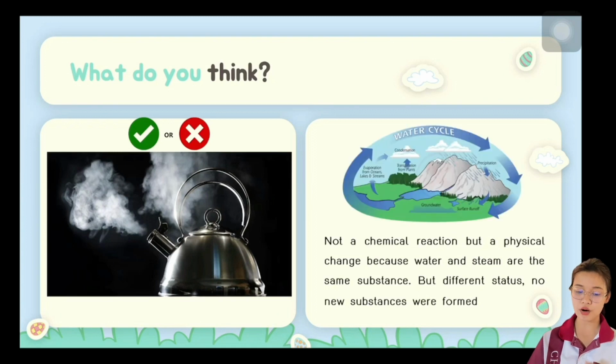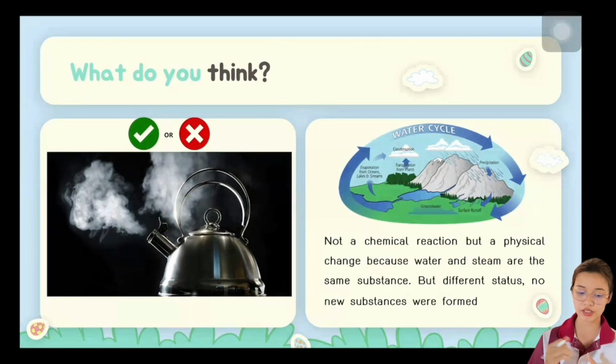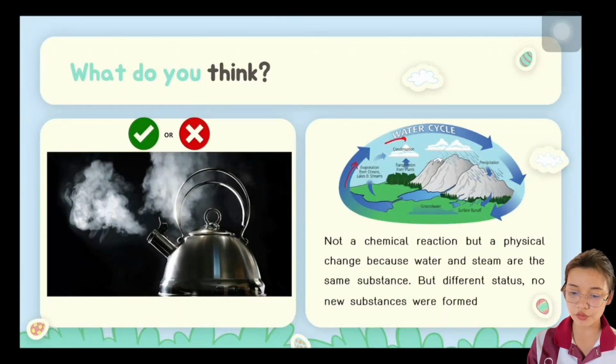I will explain more about the transition states of matter. Let's take a look at this water cycle diagram. The circulation of water is a natural phenomenon. It starts from water in various sources such as seas, oceans, rivers, lakes, from plant transpiration, and from various human activities, which evaporates into the atmosphere.